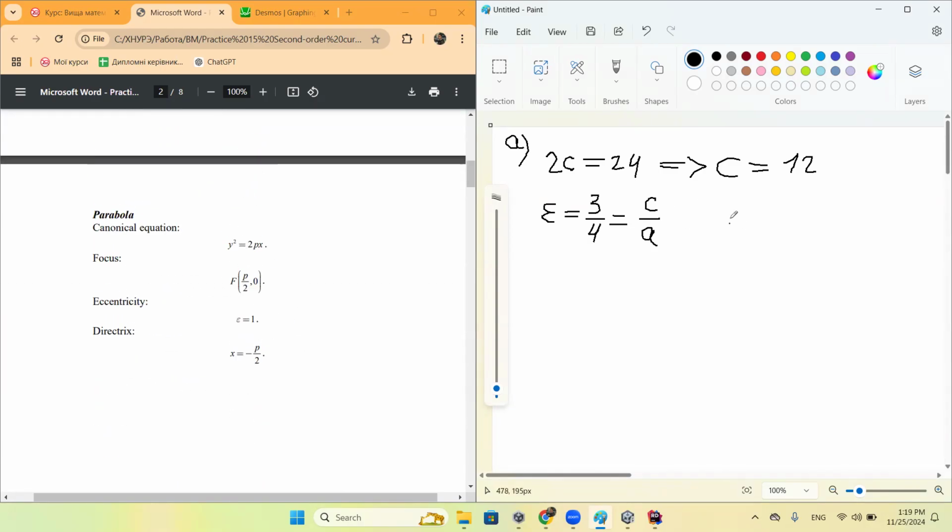So we can find a from here. a equals c by epsilon, so 12 divided by 3 by 4, that is 12 times 4 by 3, which equals 16. So a equals 16, and a squared equals 256.